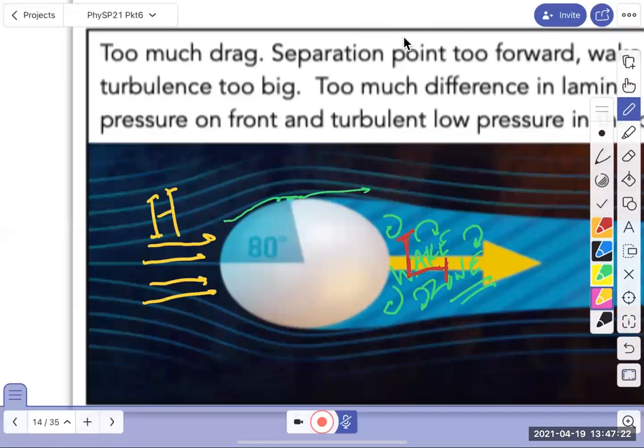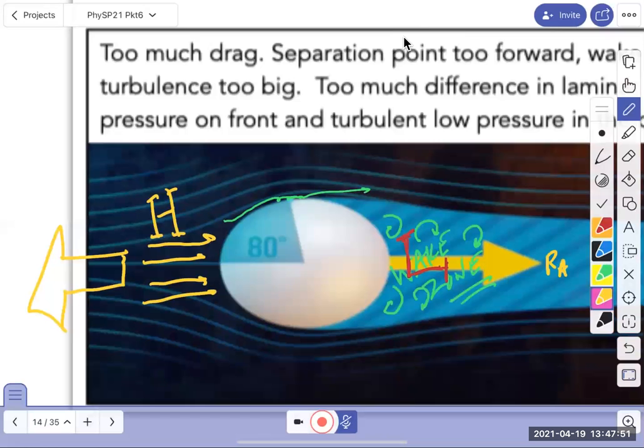If you have high pressure and the direction of motion is this way, if you have high pressure on the front side, then this is going to cause this back yellow arrow. That's the air drag, the RA. This represents RA. So you're going to get more drag when you have a low pressure zone behind the ball and a high pressure zone in front of the ball.